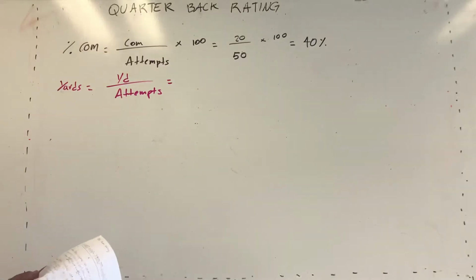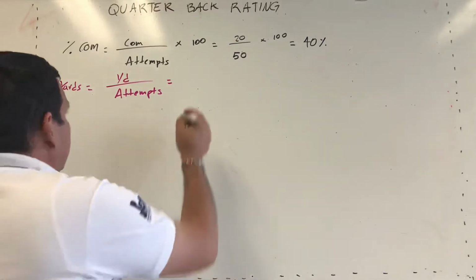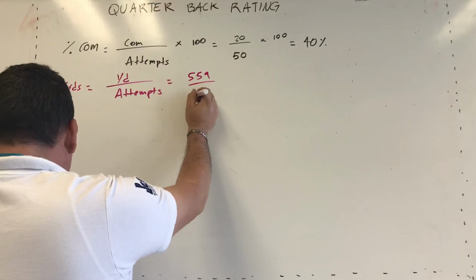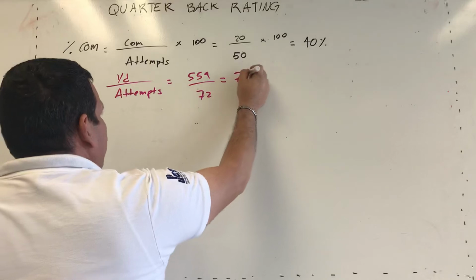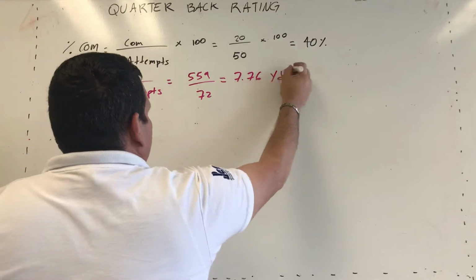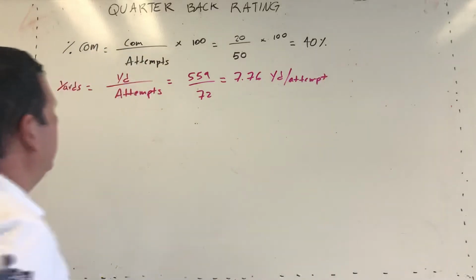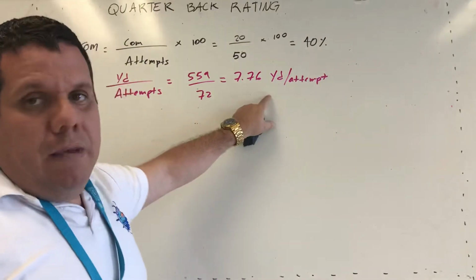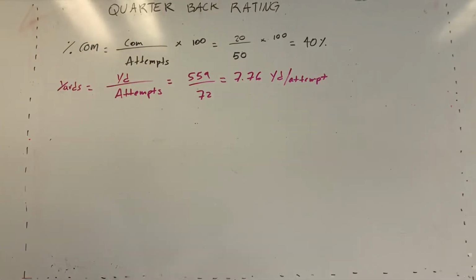You don't need to multiply times 100 because you're just going to get yards per attempt. So in this case, it is 559 divided by the attempts, 72, and this is 7.76 yards per attempt. That means that per attempt, this player is completing 7.76 yards.